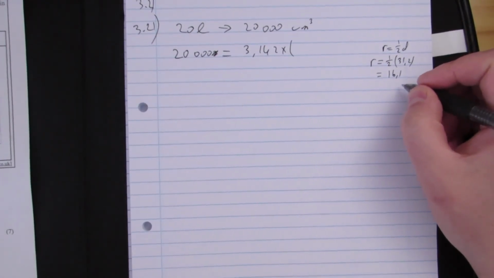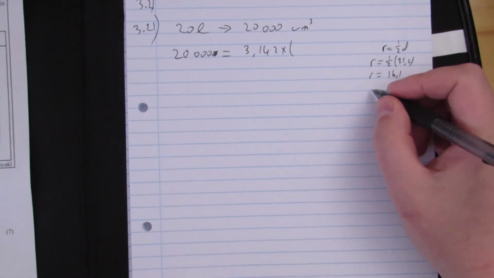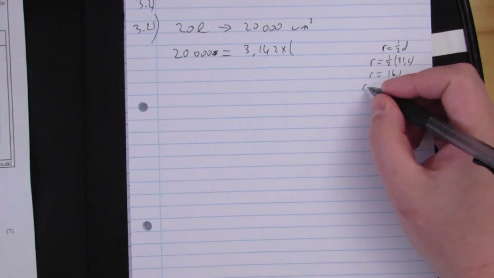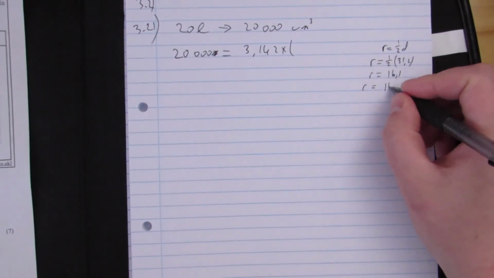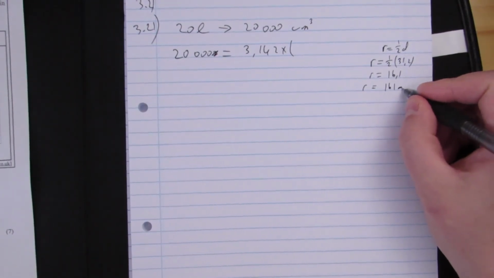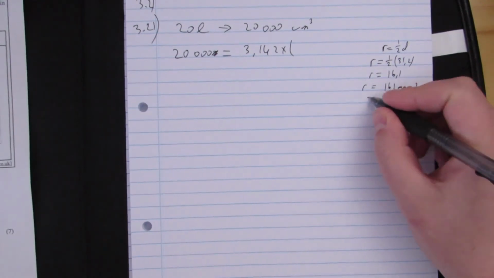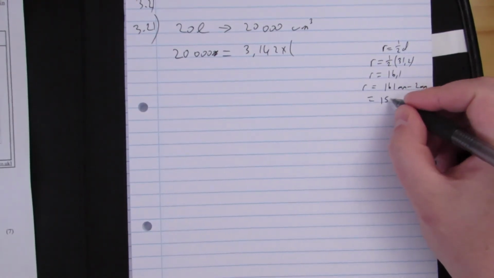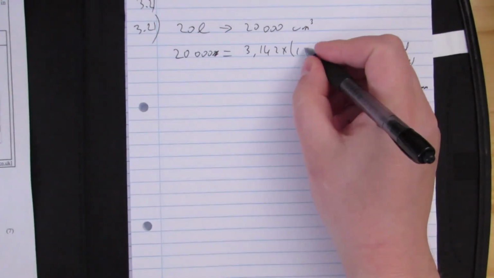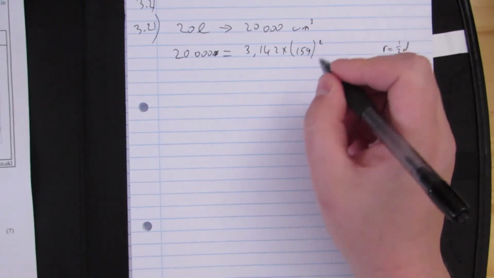We also need to take off the 2 millimeters of the thickness as well, because we're looking at the interior diameter here. Okay, we're timesing it by 10, so 156 millimeters minus 2 millimeters will equal 154 millimeters. Okay, so I'm going to put my 159 millimeters in there as my radius.